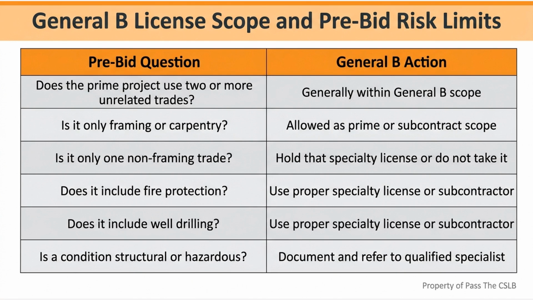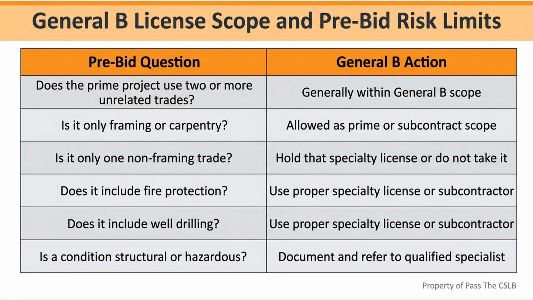Fire protection and well drilling stay in their own controlled lanes unless the proper specialty license or properly licensed subcontractor is involved. A single trade job is where people get trapped. A general building license is broad, but it is not a loophole for taking only roofing, only plumbing, only electrical, or only hazardous abatement and pretending it is a full building project.